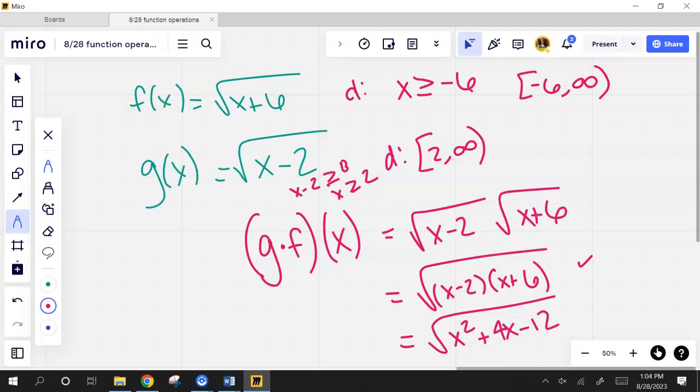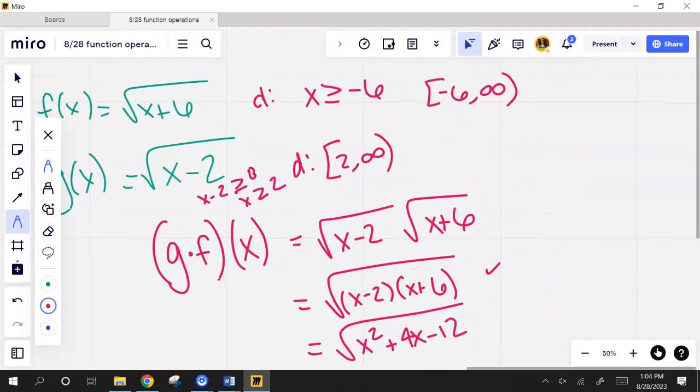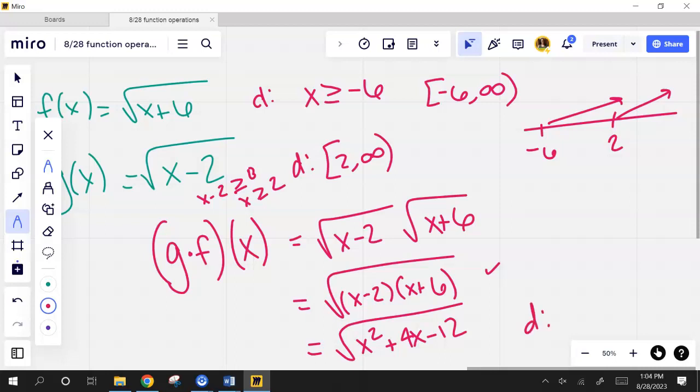So combined, think about it on the number line. This one goes from -6 and bigger. This one goes from 2 and bigger. So I have to give what they share. That's my combined domain. So what's the combined domain? 2 to infinity. It doesn't matter that this one can go lower because this one can't.